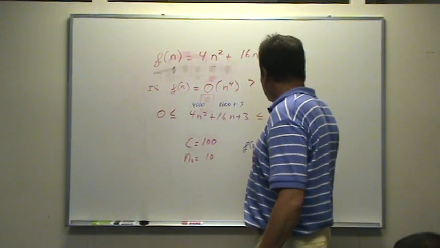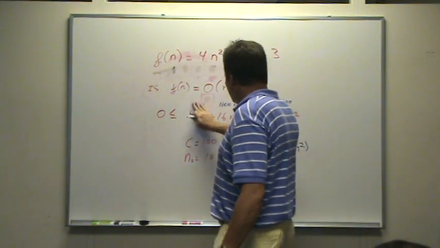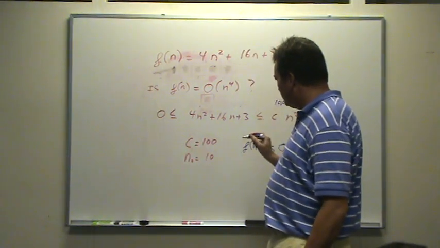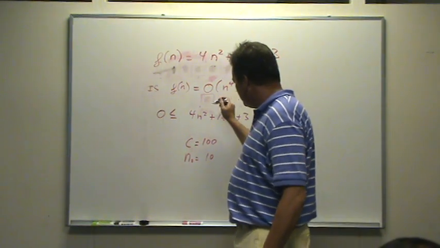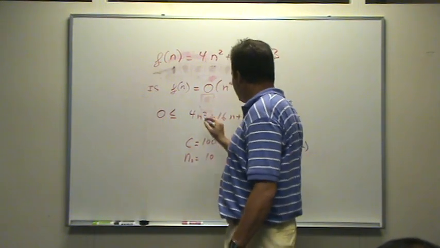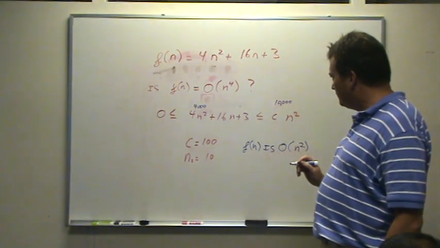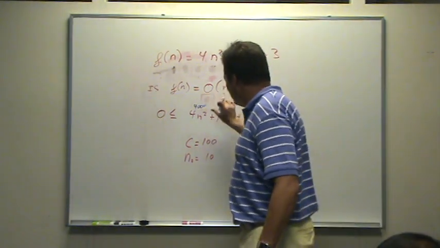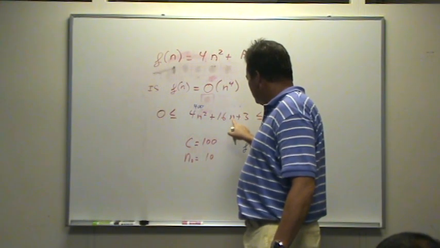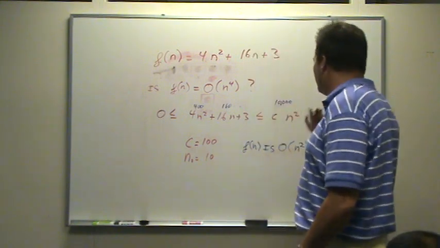This would be 100 times 100, which is 10,000. This would be 400. Oh, that's great. All right, we got it. 400 plus 160 plus 3. Okay, there we got it.